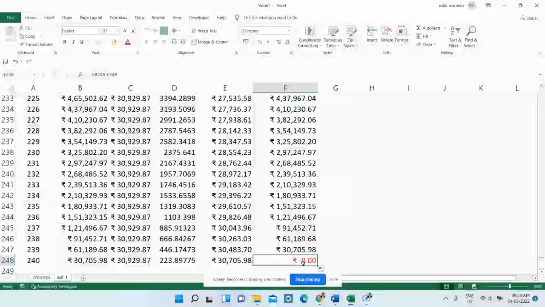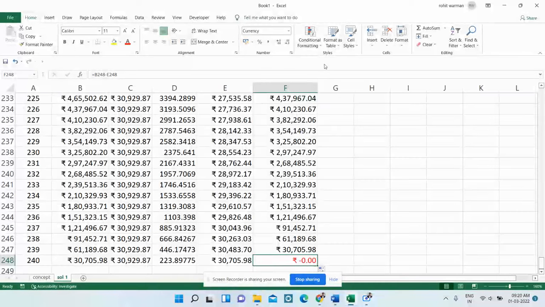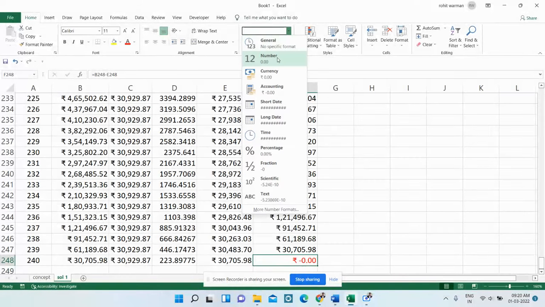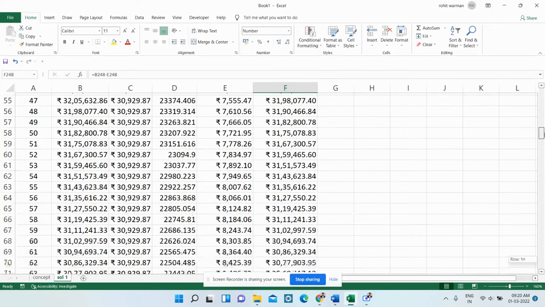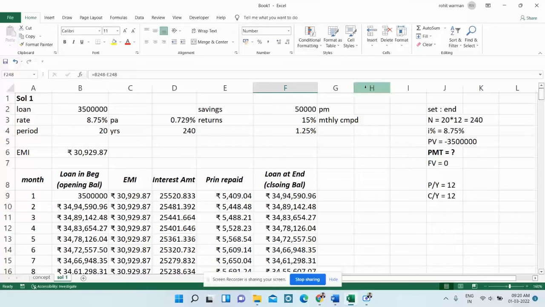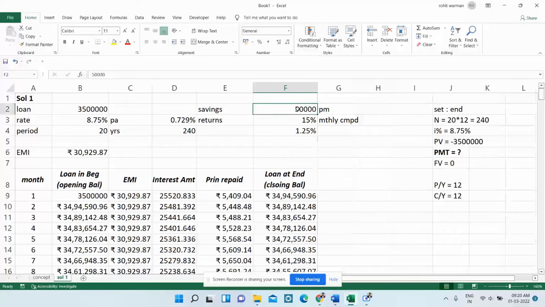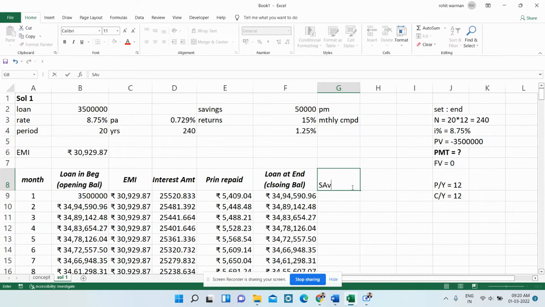Suppose you are doing it on Excel and you are not getting zero, then you take the number, format it, go with a number, and you will have a zero. Now next, 50,000 per month. And we have to see in which month the savings will be equal to or more than the loan amount.